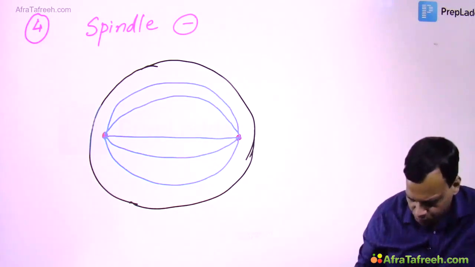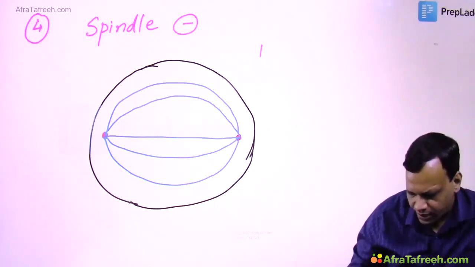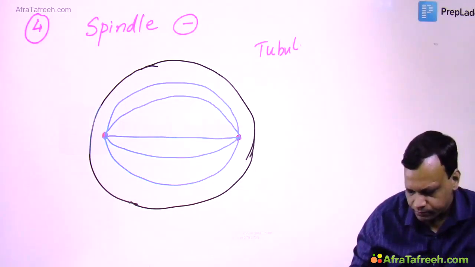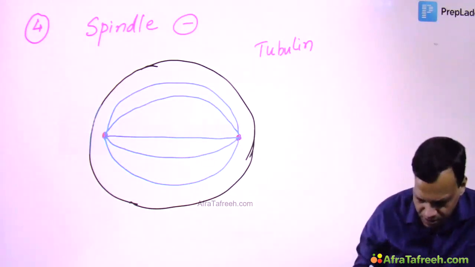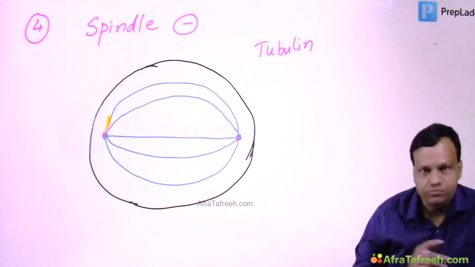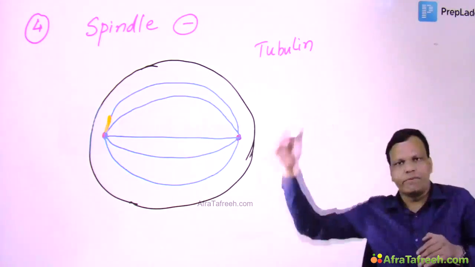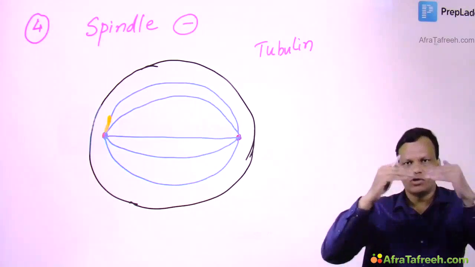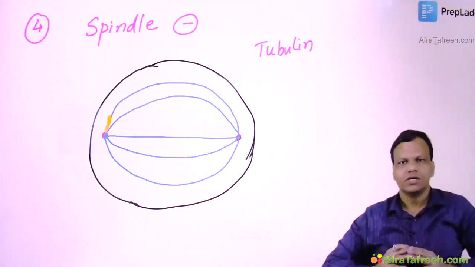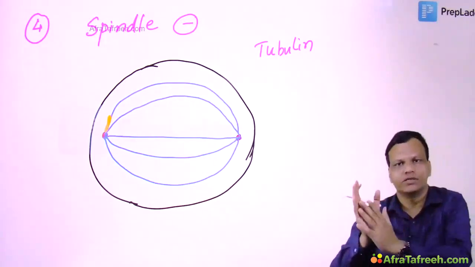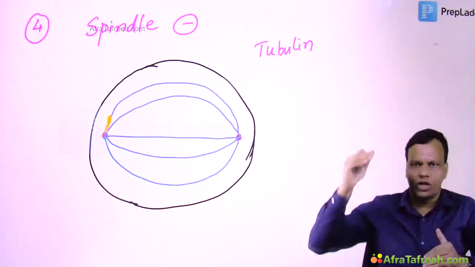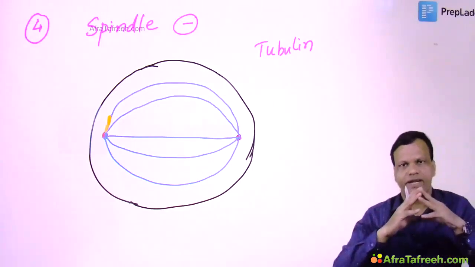Now the spindle actually consists of a protein called tubulin, and tubulin is very small in size, so tubulin is only this much. If we want to form a complete spindle, so many molecules of tubulin should combine together. So formation of the spindle is also called polymerization of tubulin. Many molecules of tubulin polymerize together to form the spindle.